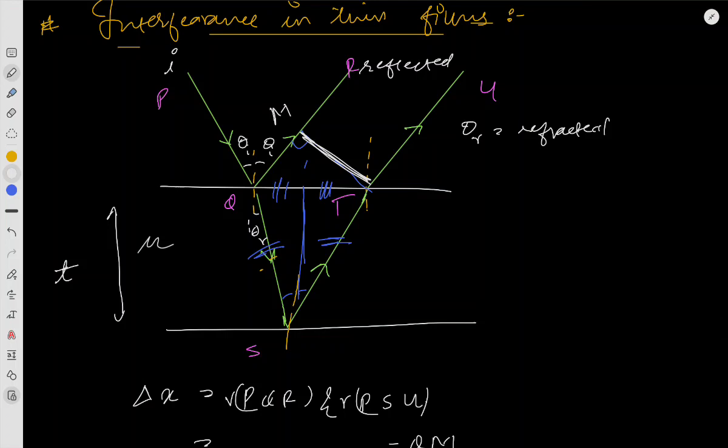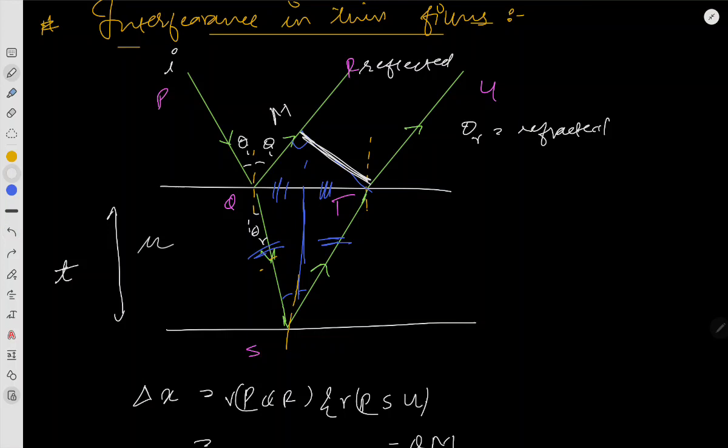And now let us understand the extra path travelled by PSU. Till PQ, both the rays PQR and PQSU traveled the same distance. After that, all the changes happened.